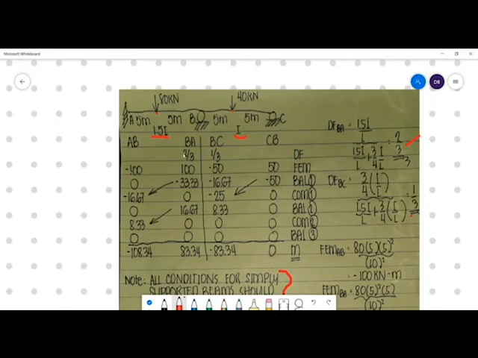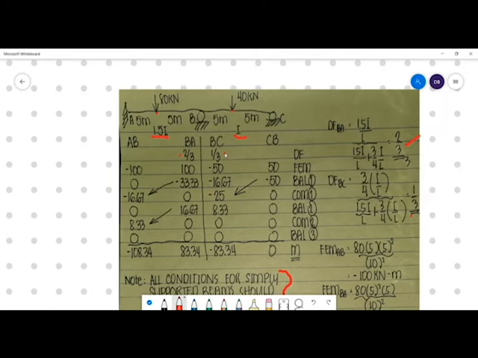Next, put all the distribution factors: 2/3, 1/3. Later, because of the principles we learned regarding fixed support and roller, there are also distribution factors for those, but first we apply the principles for fixed support and roller.